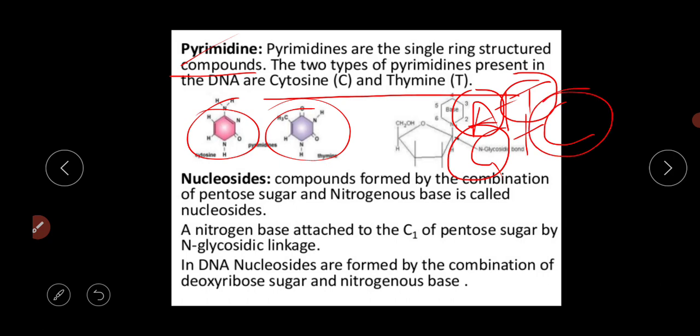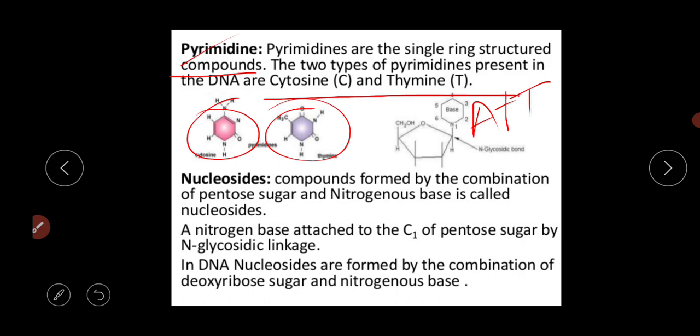Okay. So the next thing: A and T always form a double bond, and G and C always form a triple bond, and this double bond and triple bond is the hydrogen bond.